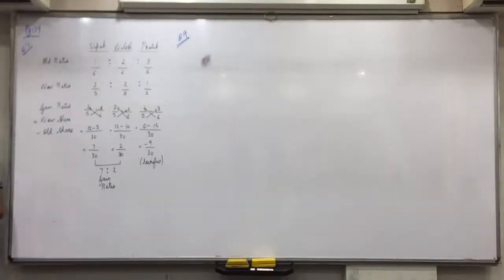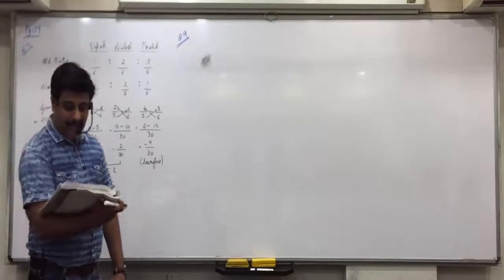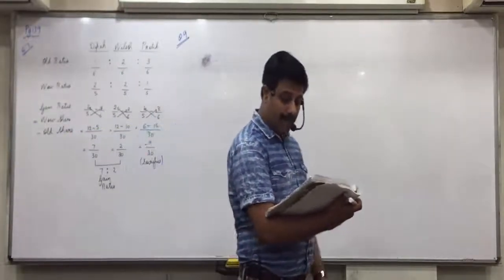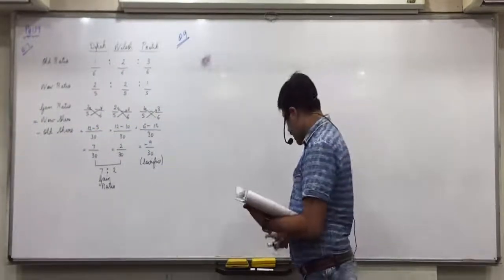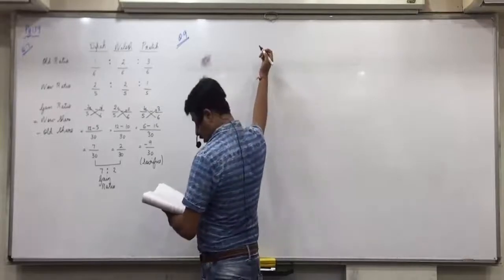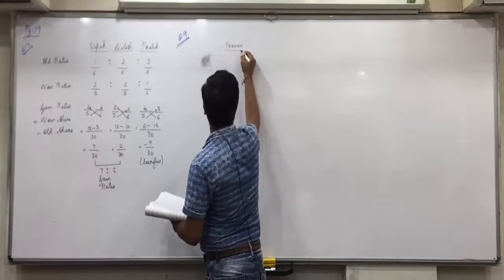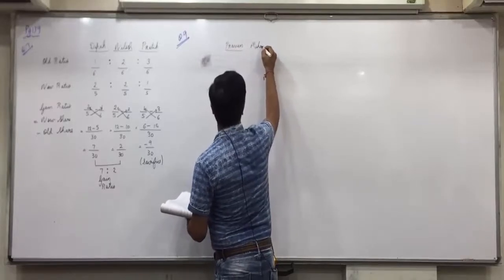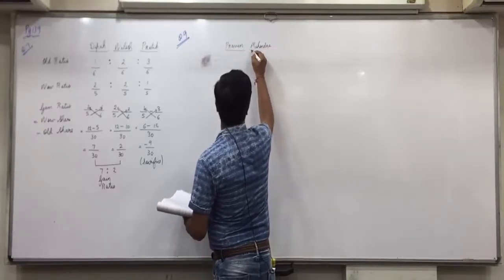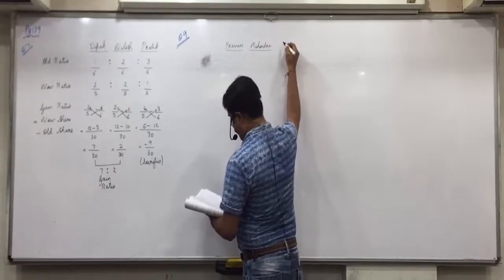Question 9. Praveen, Mahendra and Arvind are the partners of a partnership firm. So, first write down Praveen, Mahendra and Arvind.